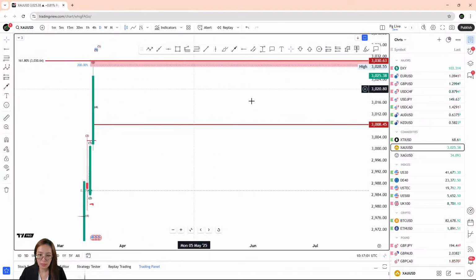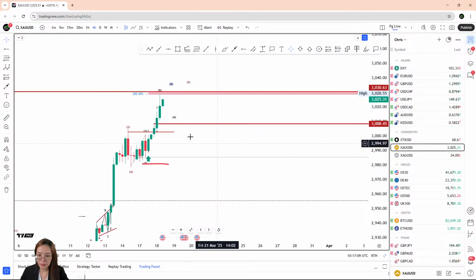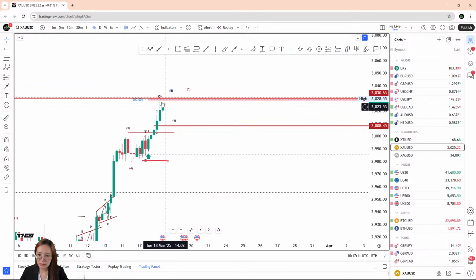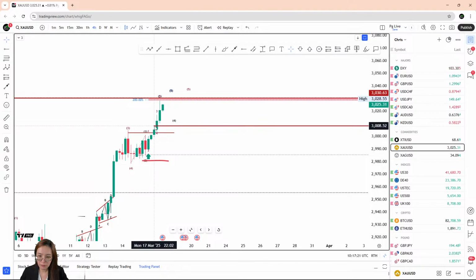So then go to daily. You will see the pullback from here. This is a daily time frame extension and 200% projection. On H4, if price falls to this level, let's say around 3010 or 3008, you may consider to buy.